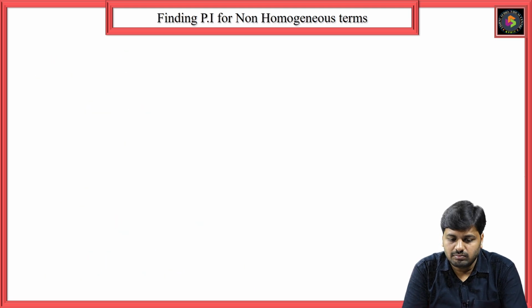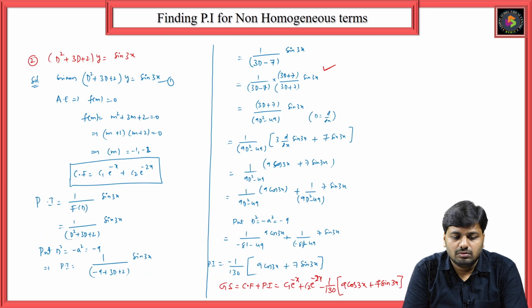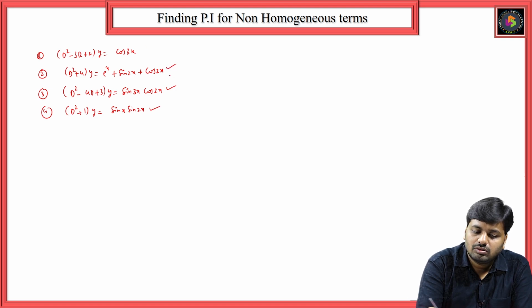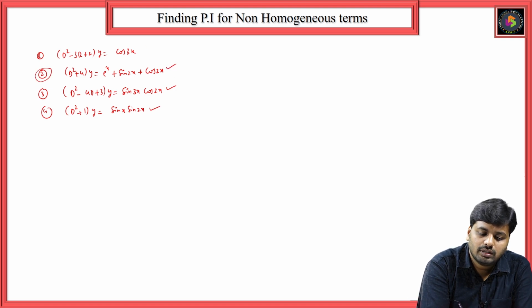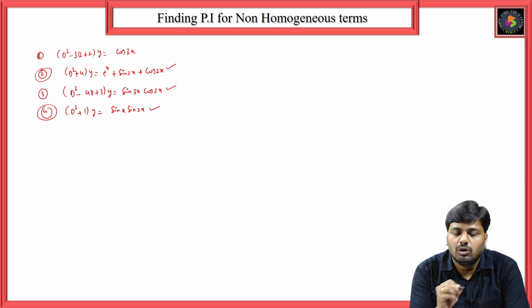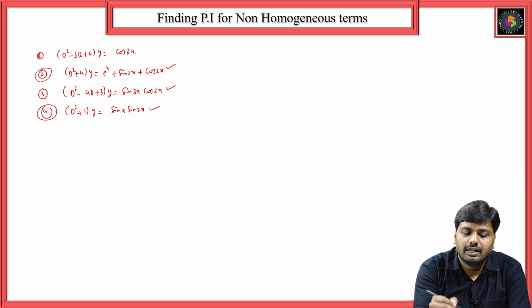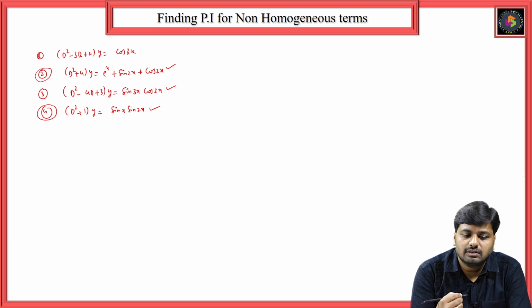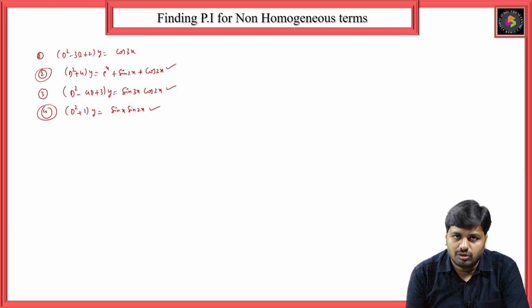So we have problems here. The questions I'll round up for this case and the second case. So these are the problems you can solve by the first model, and questions 1 and 3 you can solve by the second model. So you can follow the procedure of the first and second models. You can solve these 4 questions.